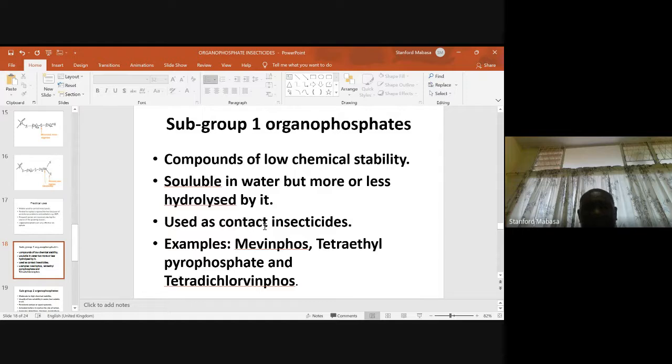Examples are mevinphos, tetraethyl pyrophosphate, and tetrachlorvinphos. So these are the examples. Maybe you remember mevinphos in subgroup 1 organophosphates.